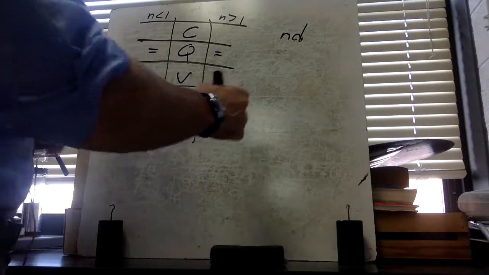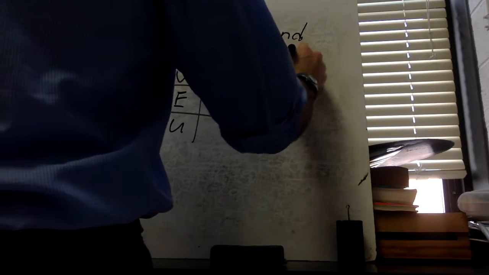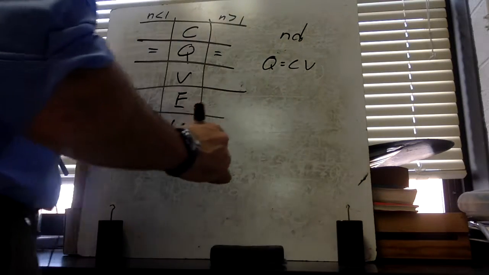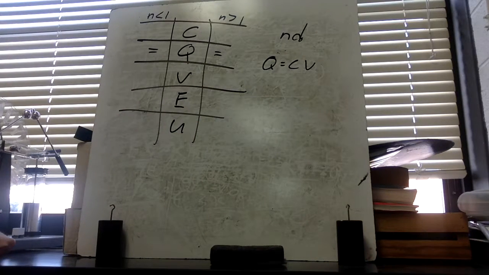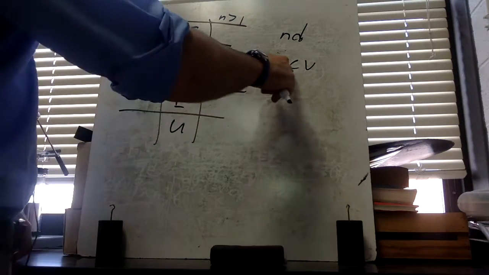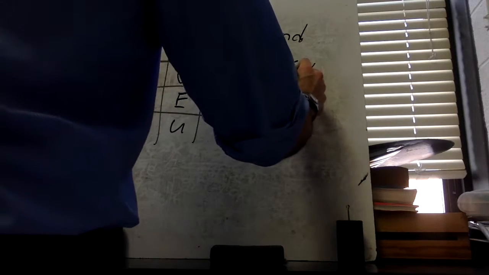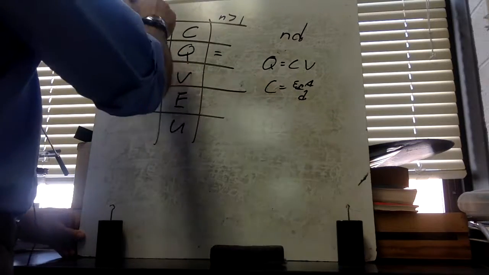However, since Q equals CV, as I get them closer together, right? If D is decreasing, then C, C is epsilon naught A over D, right? So if D gets smaller, C gets bigger.